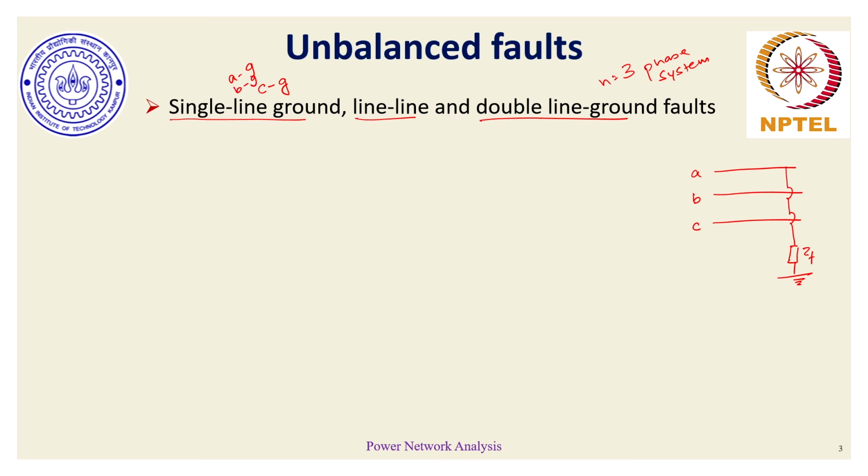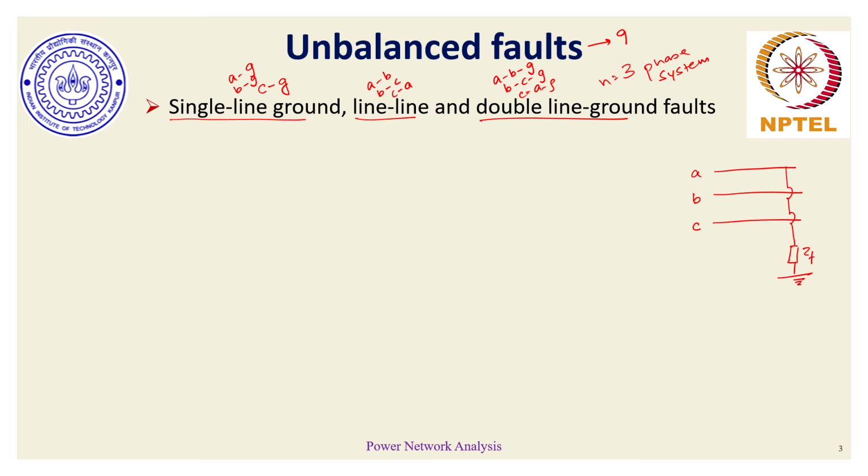For line to line, ground doesn't come into the picture. Any two phases get shorted to each other through some fault impedance. And lastly, the third category is double line to ground fault, which involves two phases and the ground, which are shorted through some fault impedance ZF. So basically, we would have 9 such asymmetric or unbalanced faults.